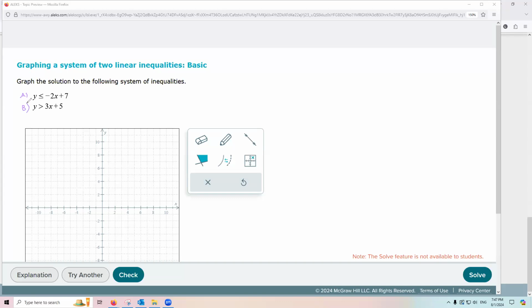When we go to do the shading, our final answer for this problem will be the region where the two shadings overlap each other.